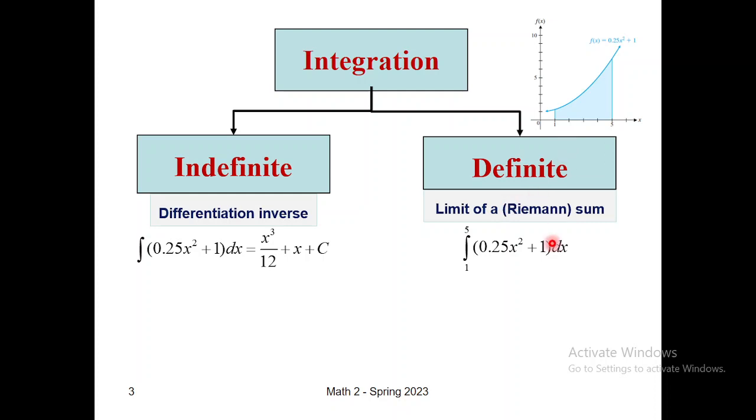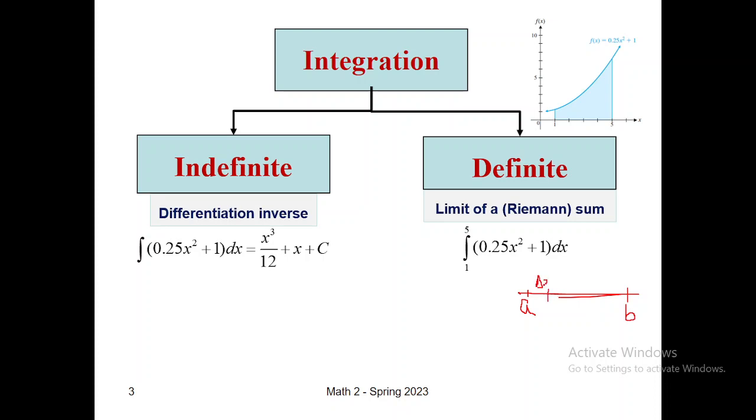By limit of a sum, we mean that we have some function over some interval from a up to b, and we divide the interval from a to b into small subintervals, each of length delta x.